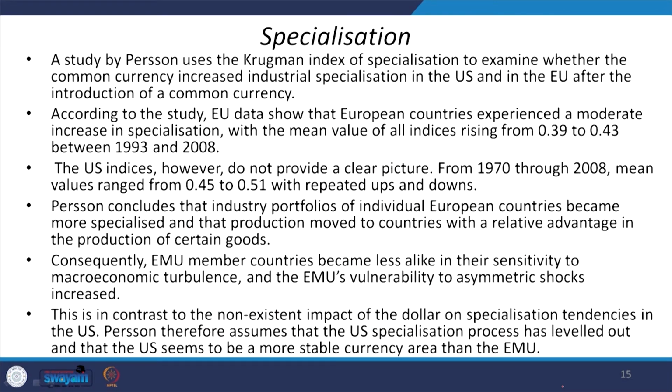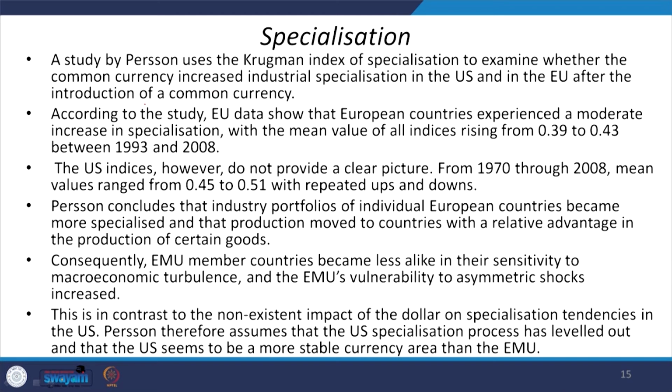After discussing two important points, now we are discussing specialization issues. The study by Pearson uses the Krugman index of specialization to examine whether the common currency increased industrial specialization in the US and in the EU after the introduction of the currency area.